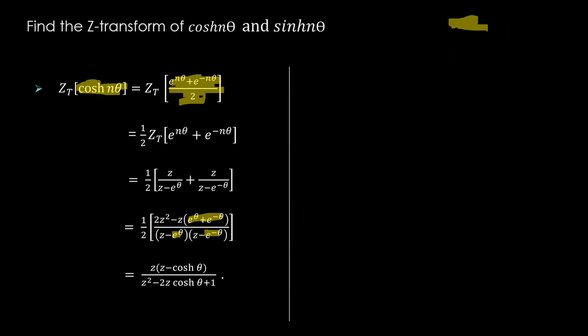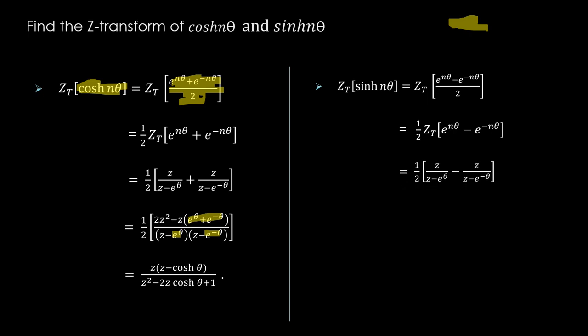In the same way, we can even find the z transform of sine hyperbolic n theta, which is equal to z sine hyperbolic theta divided by z square minus 2z cos hyperbolic theta plus 1.